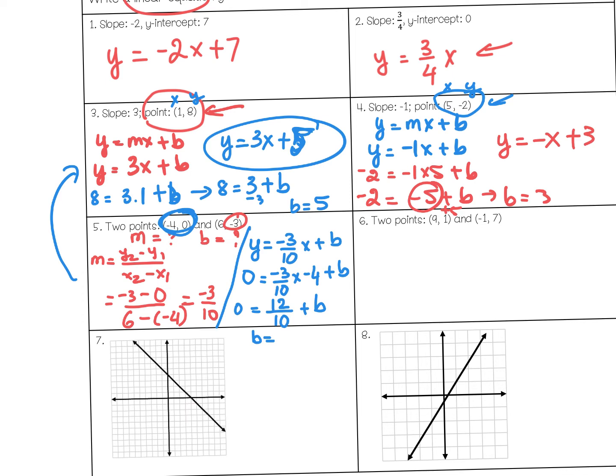No, positive 12 over 10, which is what? 6/5. All right? So your equation will be what? y equal to negative 3/10 x plus 6 over 5. All right? So you have more to find.